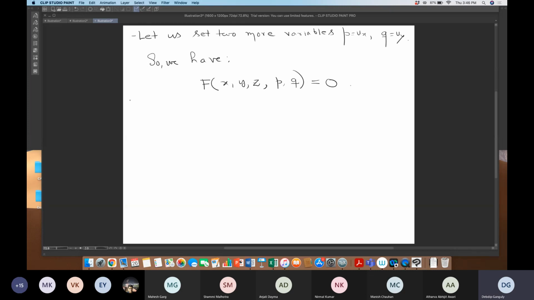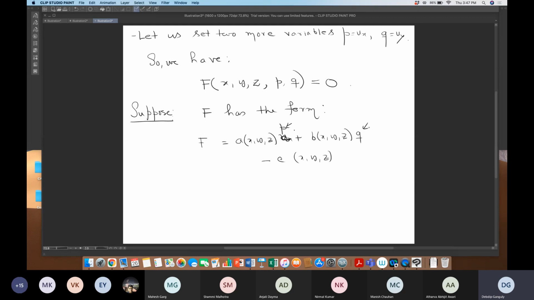Suppose F has this form, of course I am taking an easier form just to see how p and q will play a role: F equals a(x,y,z) p plus b(x,y,z) q minus c(x,y,z). You know what p and q are: p is your ux, q is your uy.